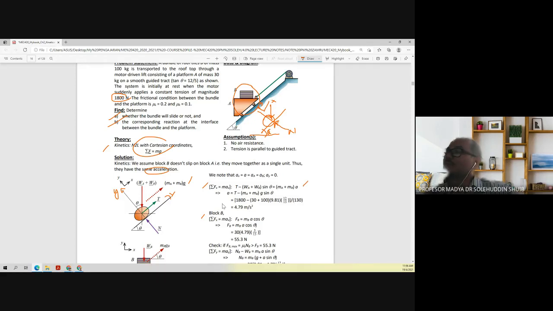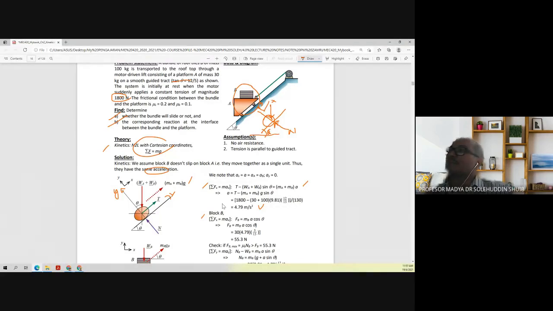Solving for a, you get a equals T minus (mA plus mB) g sine theta, over (mA plus mB). So 1800 minus (30 plus 100), 130 times 9.81, times 5 over 13, divided by 130. You get a equals 4.79 meters per second squared.